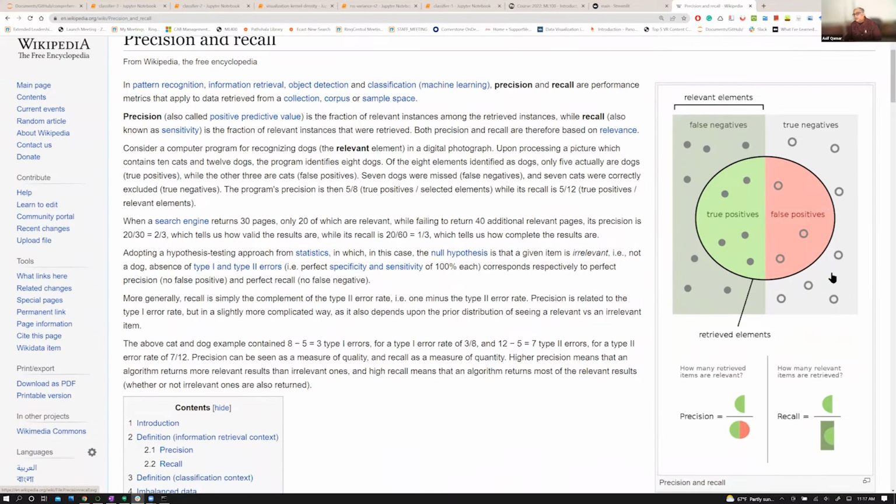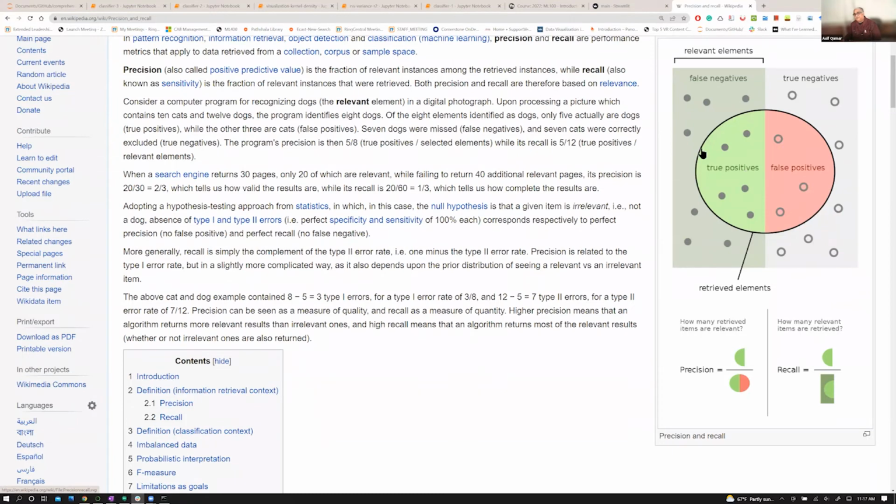So in a very geometric way, there are formulas for precision and recall, but one piece of advice I would give is that this is perhaps the most intuitive picture I have seen of the precision and recall definitions. Precision is how many true positives you found out of everything that you called positive.